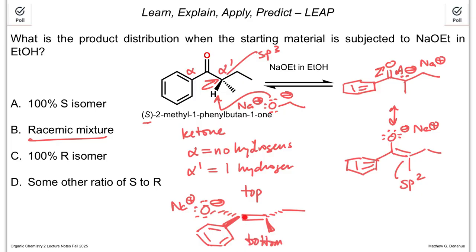That pi bond system, as I said, has a top face and a bottom face. So when this collapses back down, and reacts with the alcohol, it's just going to get reprotonated.